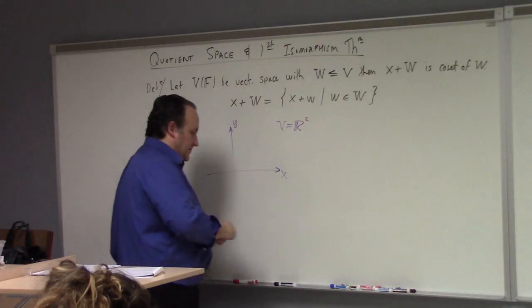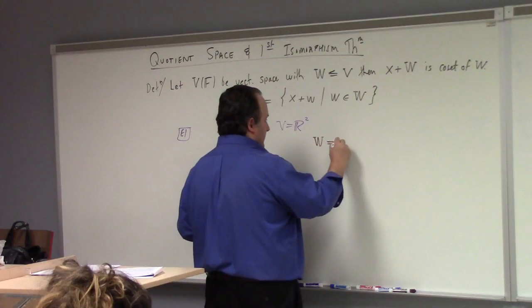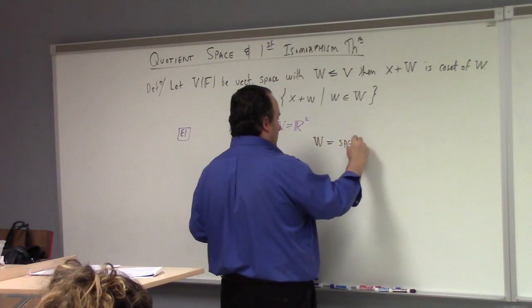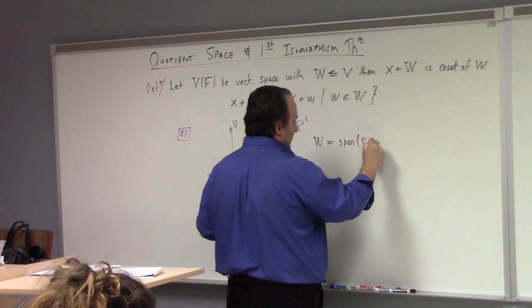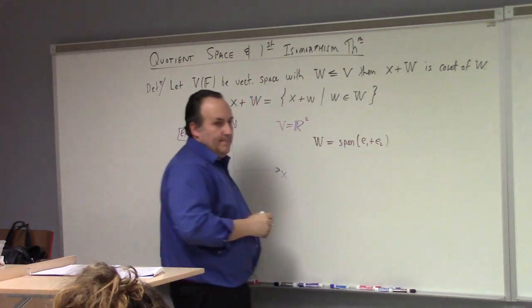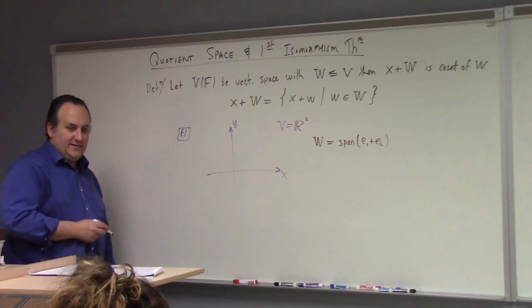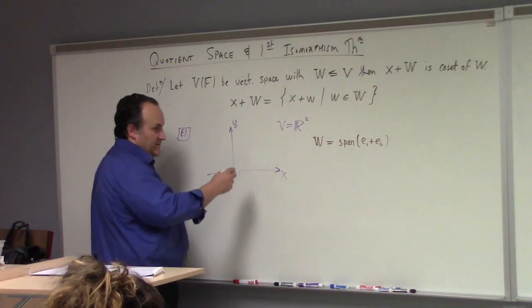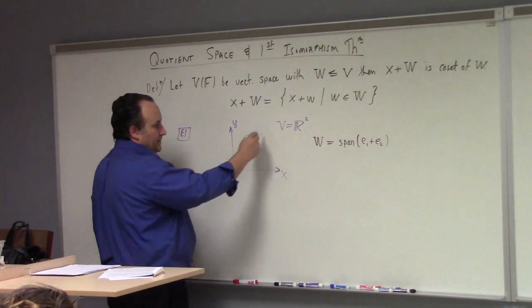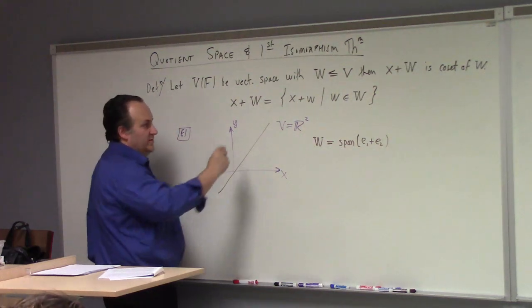I could think about W equal to the span of E1 plus E2, also known as (1, 1). I don't know why I wrote it that way, it's more writing. So you can picture what W looks like. It's just this line. That's W.